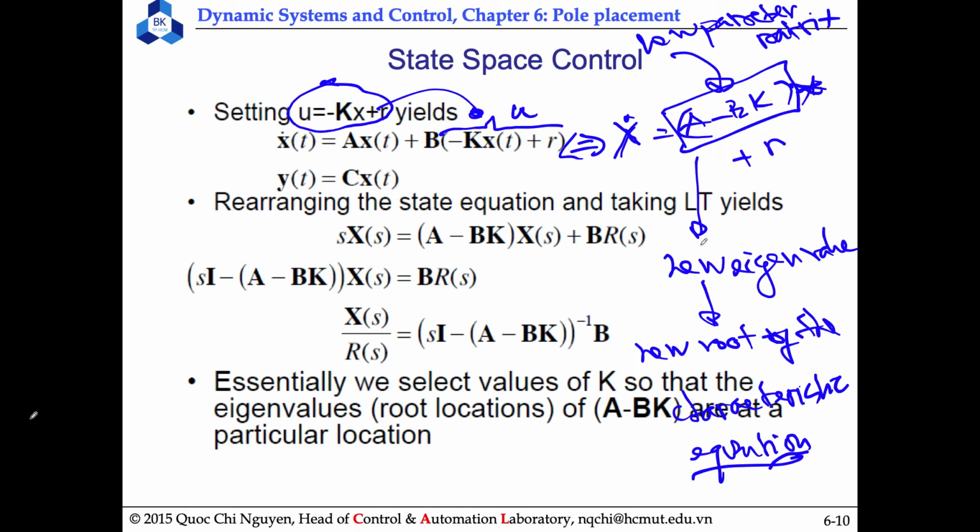From the previous system, A is the parameter. By adding K, we can have the new eigenvalue, right?